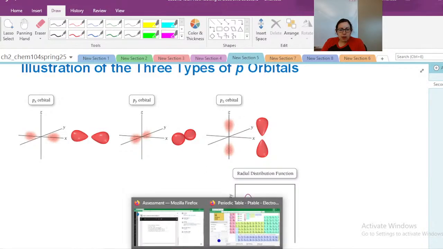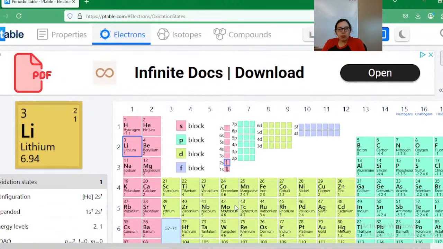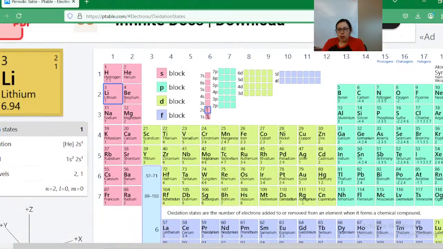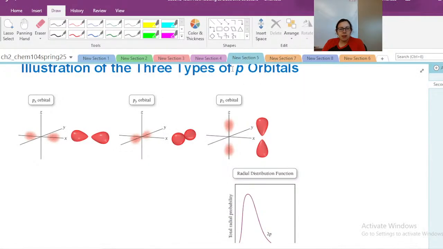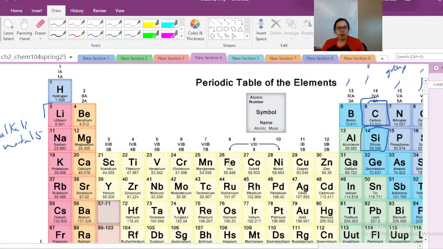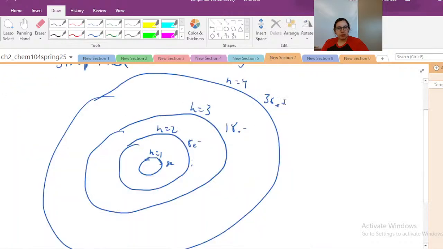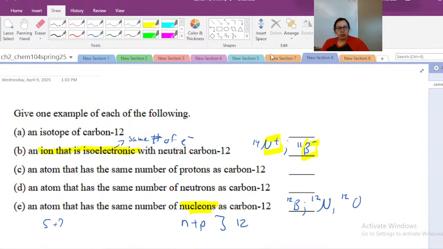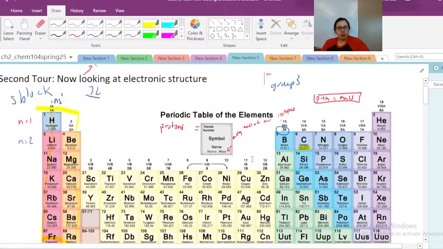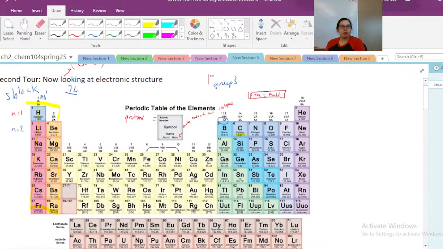And then let's look at our periodic table now as well. So note there's our p block. So we might want to highlight that on our periodic table here. Let's see, so now I'm going to highlight p block.